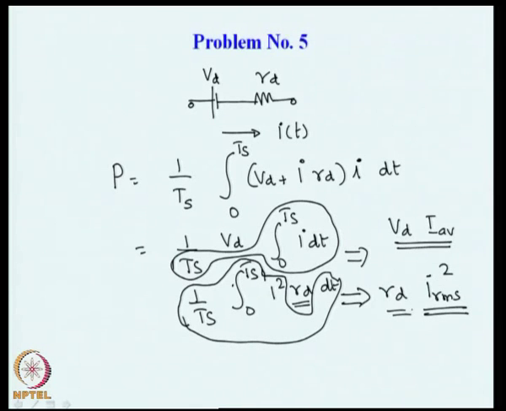So, in effect, in such a model, we can simply say that power dissipation is Vd into I average plus Rd into I square RMS. Okay.